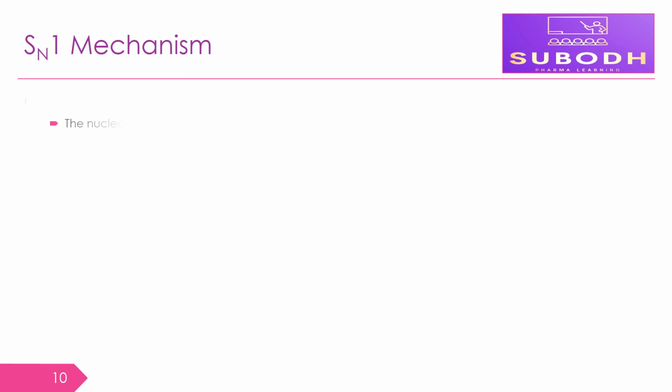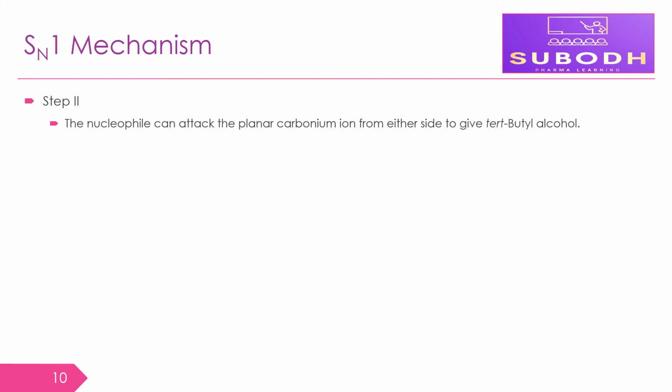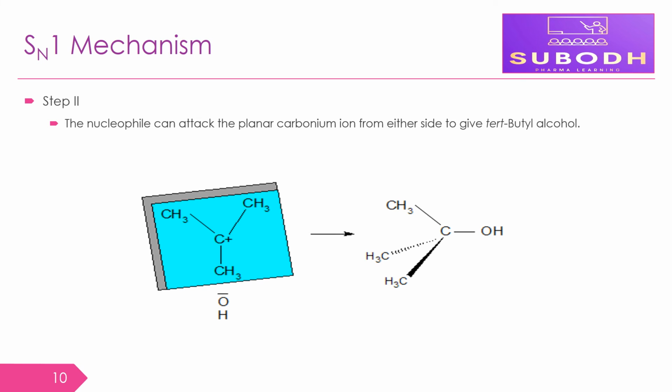In the second step, the nucleophile can attack the planar carbonium ion from either side to give tertiary butyl alcohol.